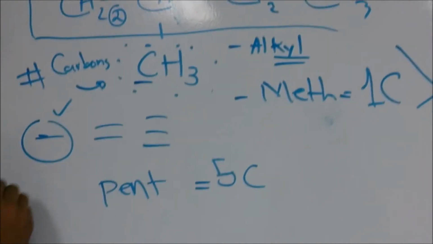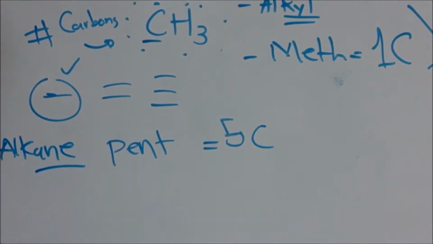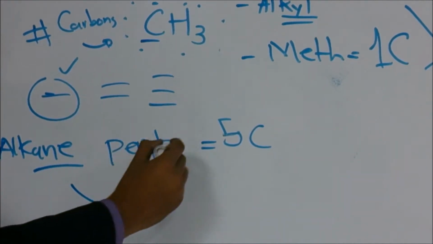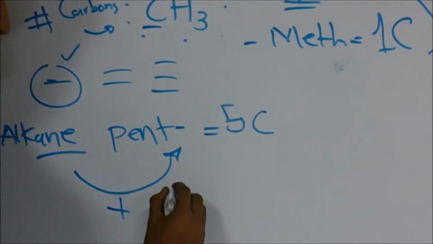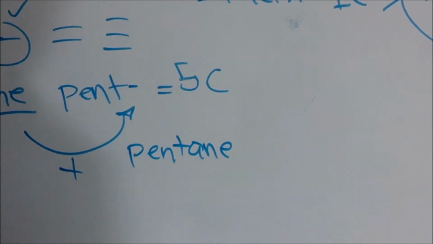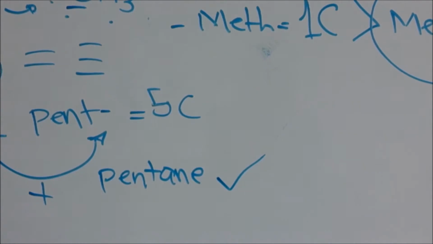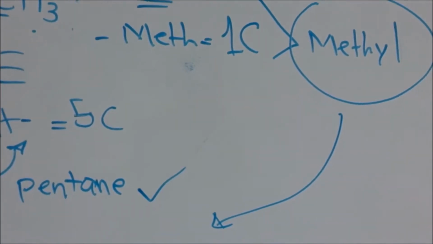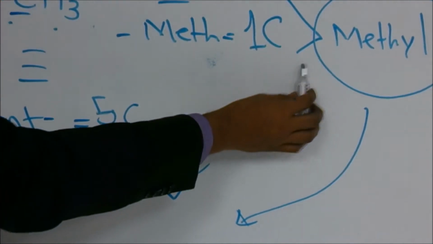Alkane ends with the suffix "ane". So we will add the suffix to the prefix "pent" to form pentane. Now, this will be the name of our primary chain, and we will add the name of the alkyl.